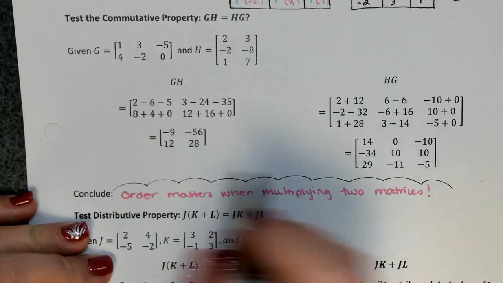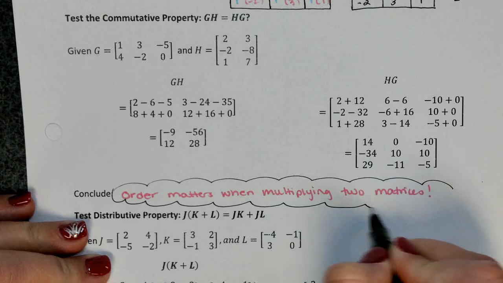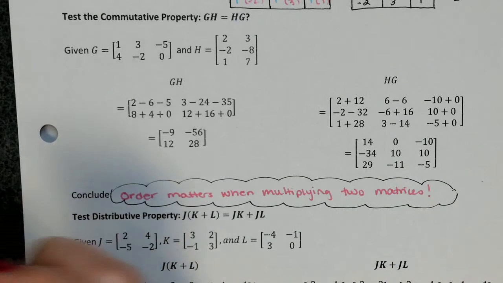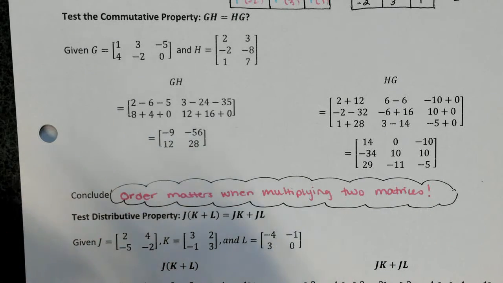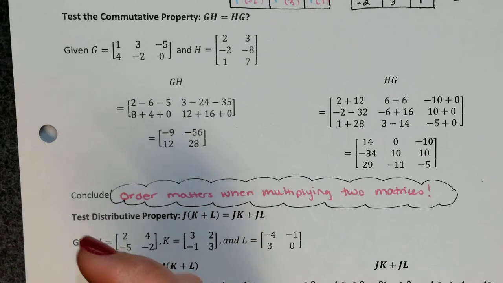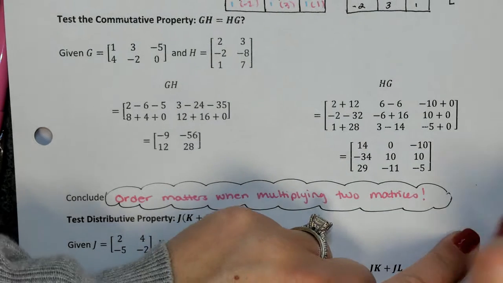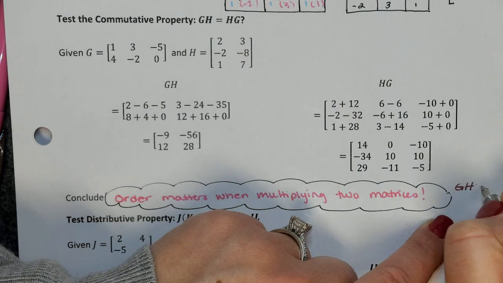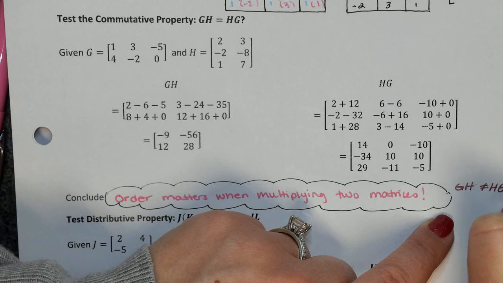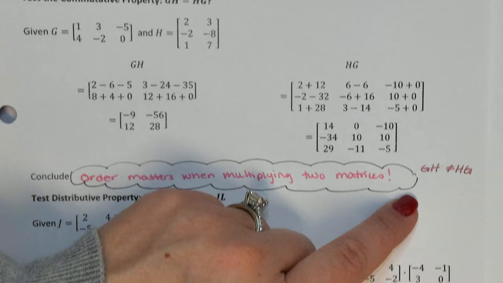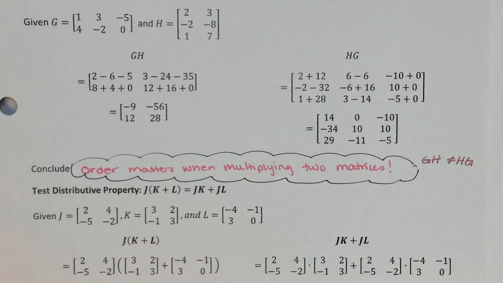That's our big conclusion there. So you cannot just change the order. We could also write that GH does not equal HG. Those two answers were not the same.